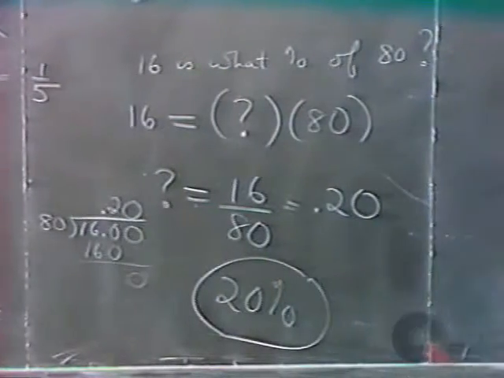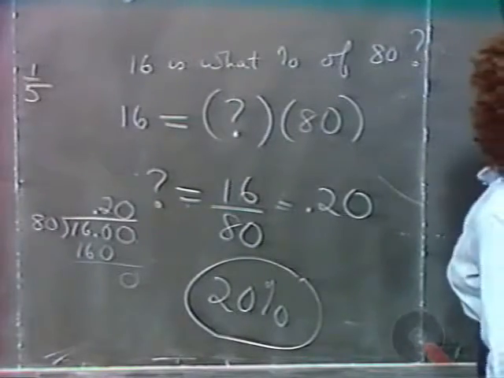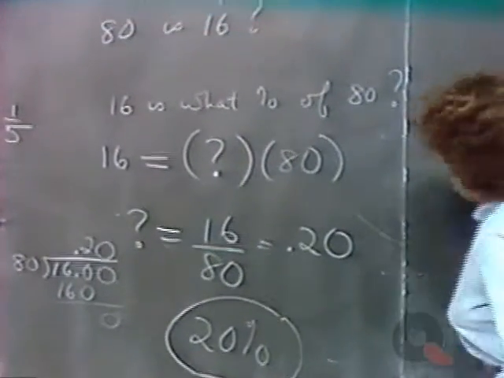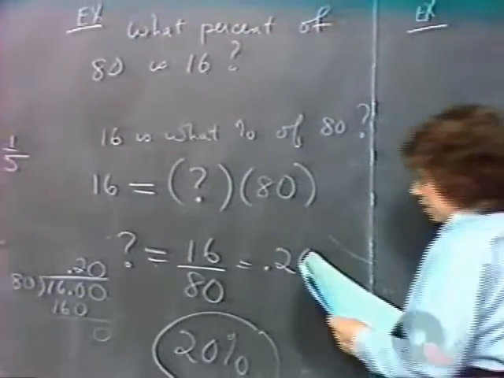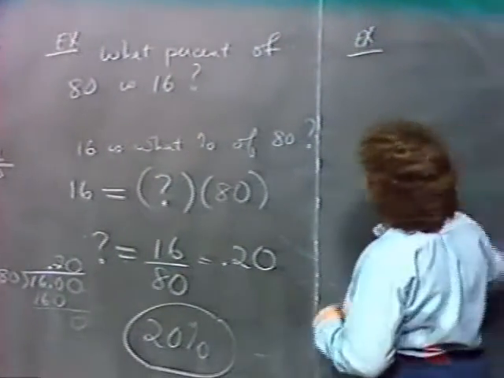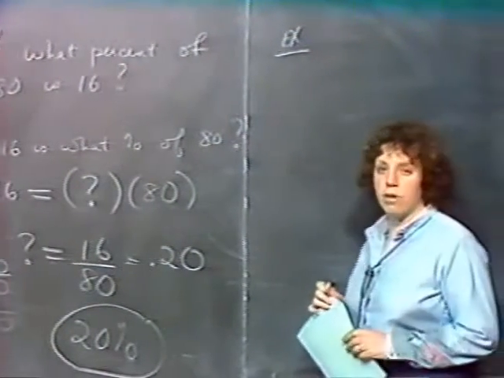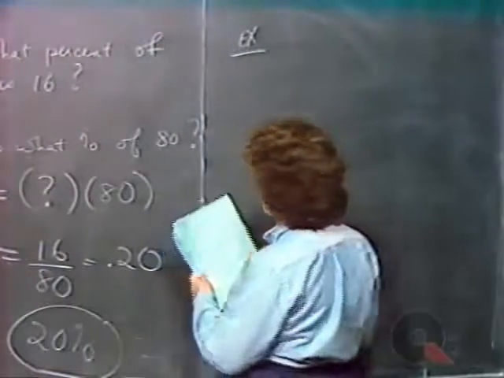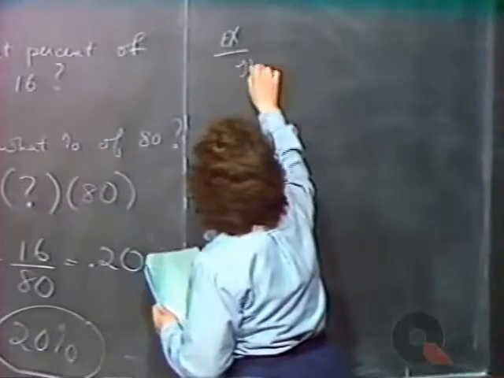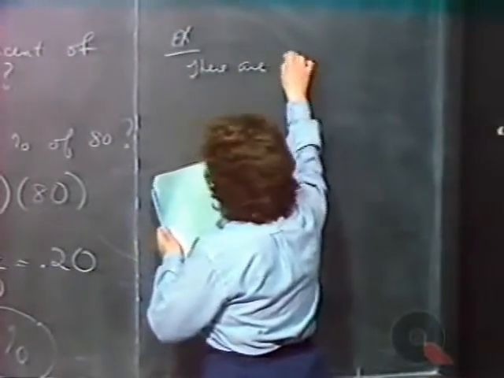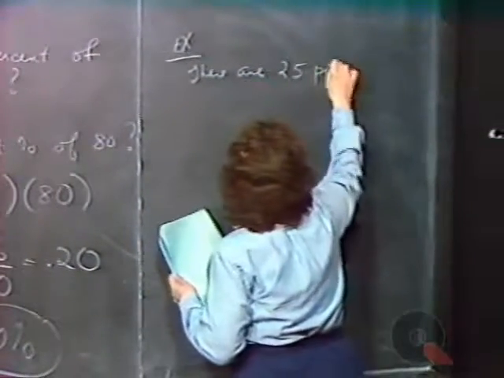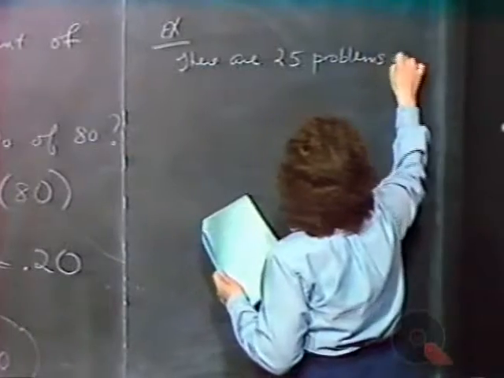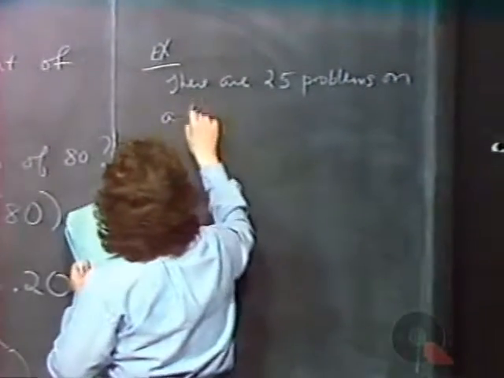Now, there are practical reasons that you might want to be able to do a problem like this. Most of you have done calculations like this at one time or another because you've gotten a test and you've been told you had a certain amount correct and you want to figure out what percent correct you got on that test, grade on the exam. For example, there are 25 problems on a test.